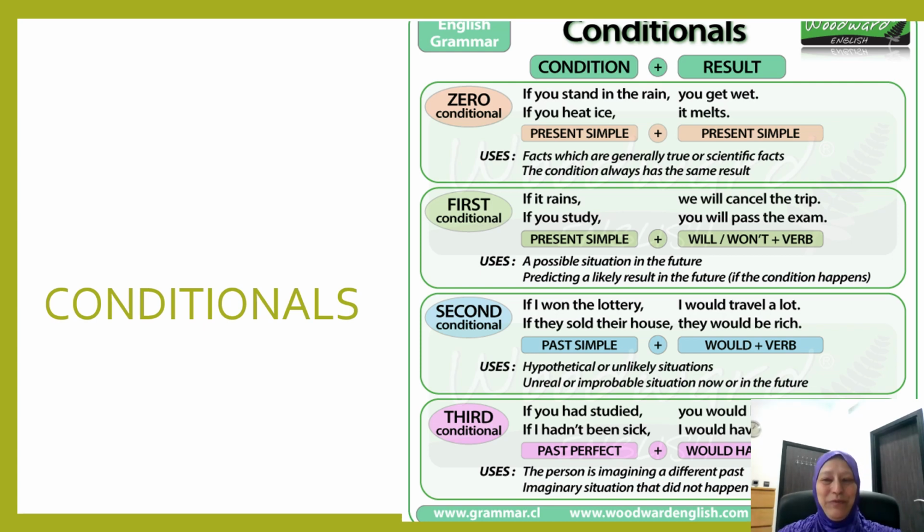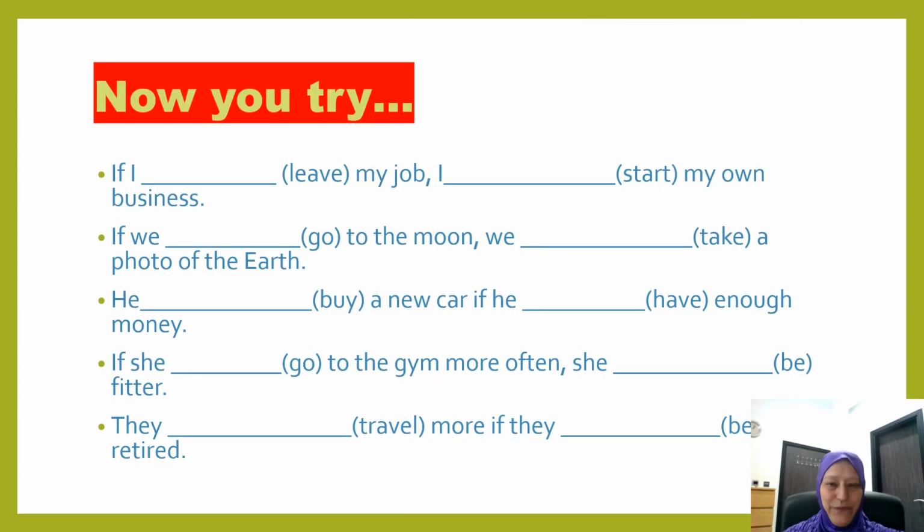Now we'll continue with the practice. So, you have here 5 sentences, and you will need to decide which form of these sentences you need to include. Remember, zero conditional, something true. First conditional, something possible.